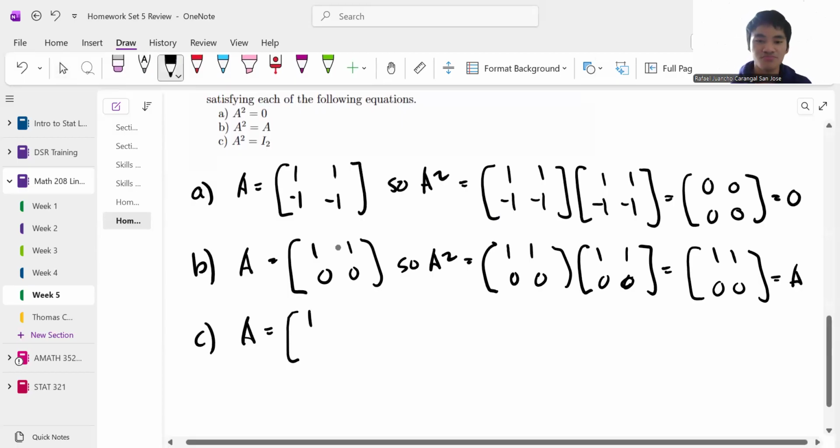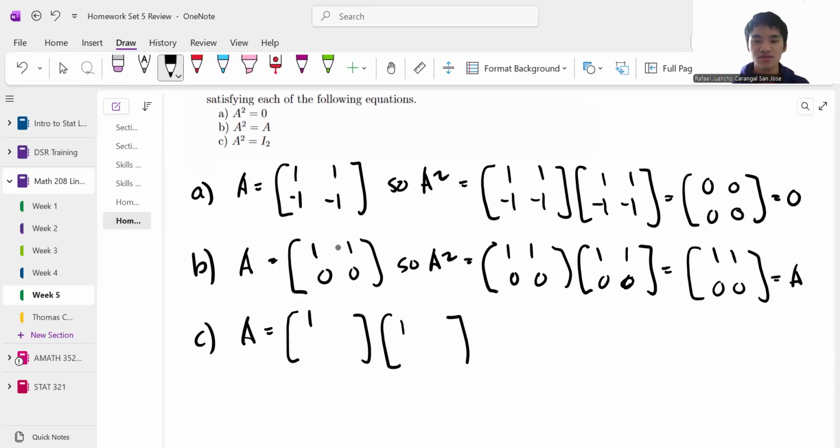I would try 1. 1 times 1 is 1. And then maybe a 0 here. This one turns out to be a 0 too. Actually, here's what I could do. This one could now be a 0.